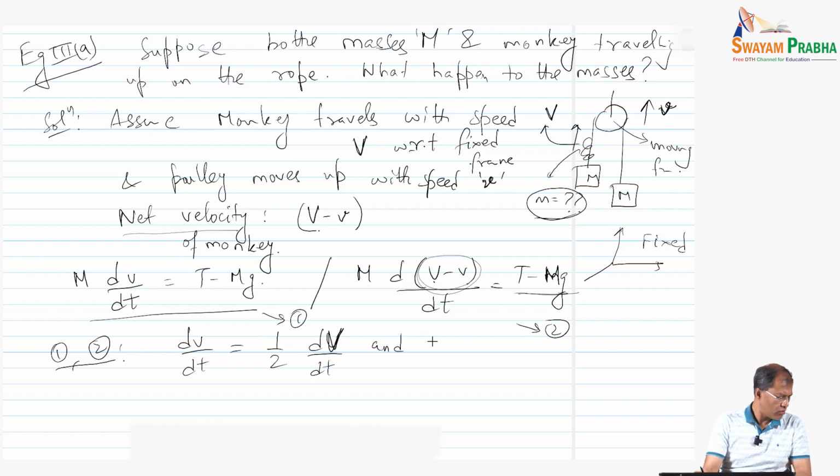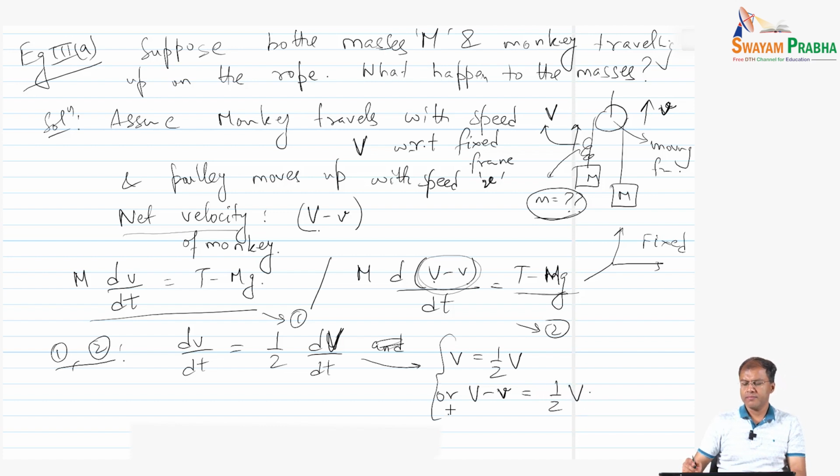And from here if we integrate this, we see that v is equal to half capital V, or V minus v is equal to half capital V, right? So what do we have? The velocity of the pulley is half the velocity of the monkey, and even the net velocity is also half.